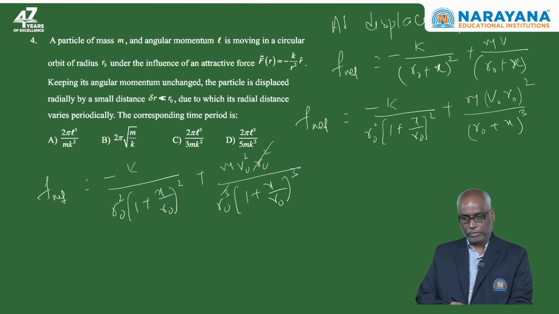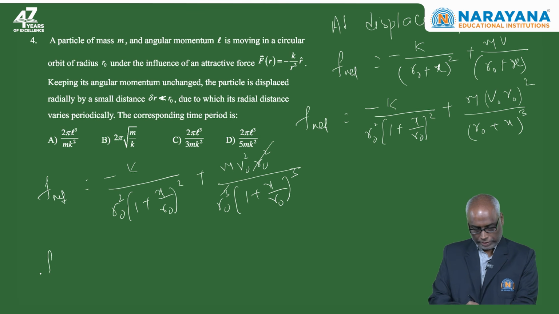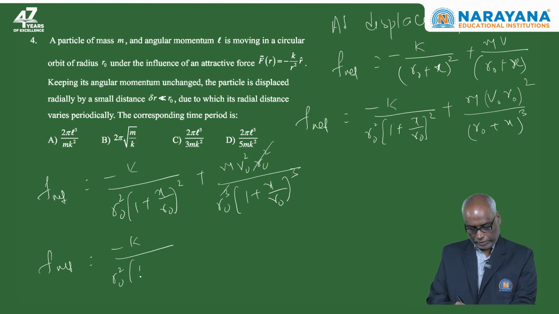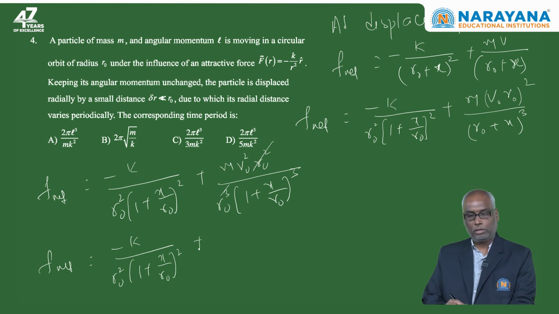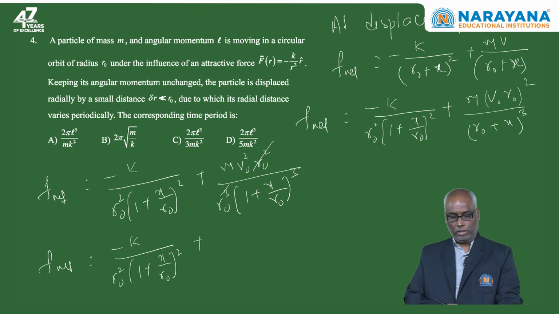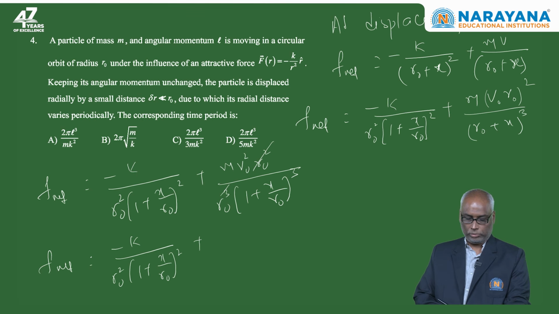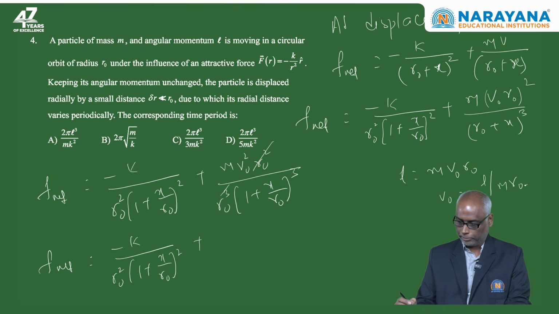Now we will write everything in terms of L. So net force becomes equal to minus k divided by r naught square into 1 plus x divided by r naught whole square, plus m v naught, which can be written in terms of angular momentum L. Since L is equal to m v naught into r naught, V naught becomes equal to L divided by m r naught.